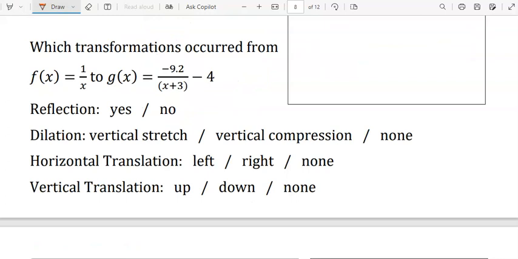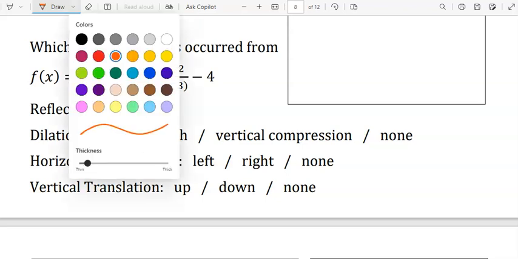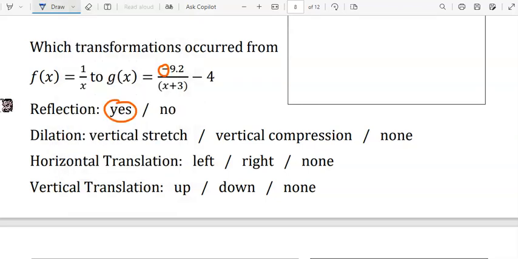Which transformations occurred from f of x equals 1 over x to g of x equals negative 9.2 over x plus 3, minus 4? There was a reflection because of this negative sign right here. For the dilation, there was a vertical stretch because 9.2 is larger than 1.